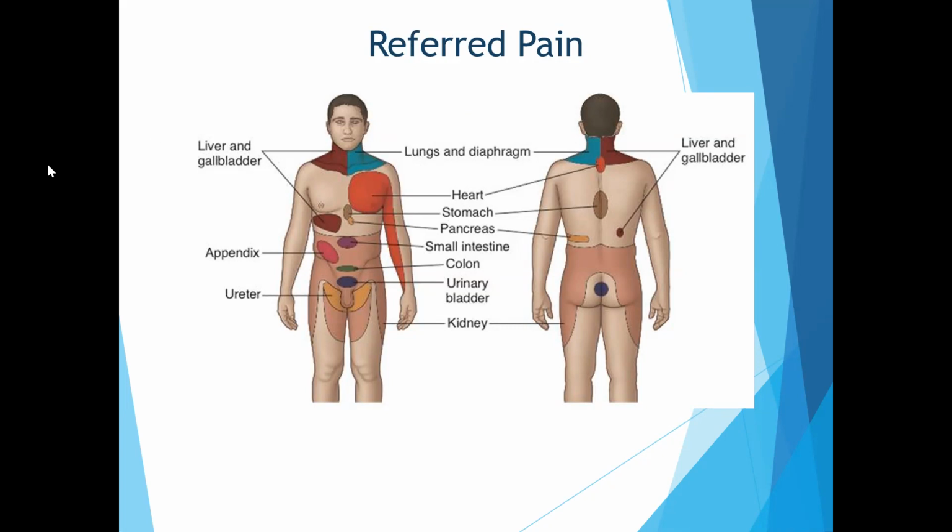And the reason that this happens is that nerve pathways are shared and different areas of innervation are shared. So even though the pain source is in one area, the pain pathway and the pain pattern can be slightly different. So all you guys need to know about referred pain is that it can make it somewhat difficult to make a diagnosis. A good example of this for myself as a physical therapist is, say someone is coming in and complaining of left-sided neck pain.